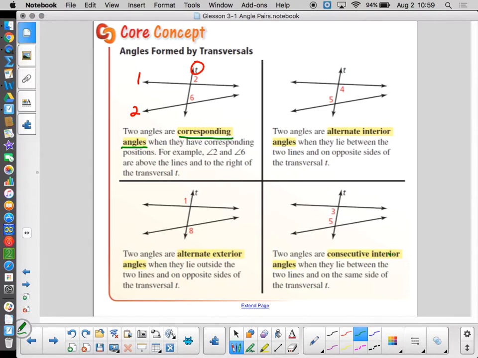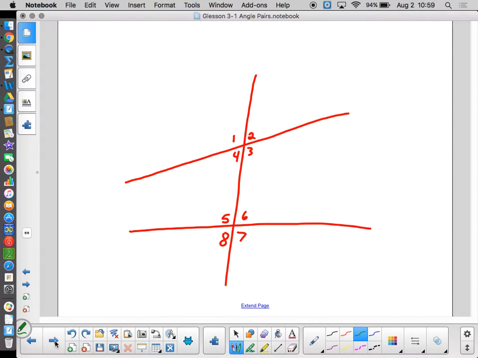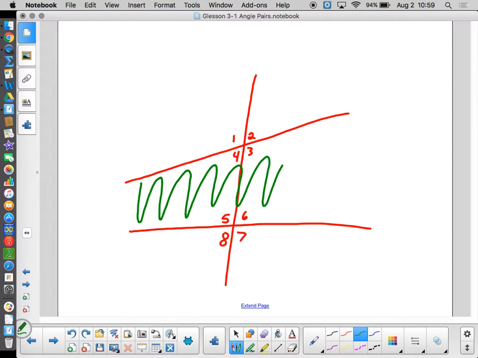Again, this is an example of a descriptive name. Interior: when two lines are crossed by a transversal, the area between the two lines is referred to as the interior, which means the area not between is referred to as the exterior.